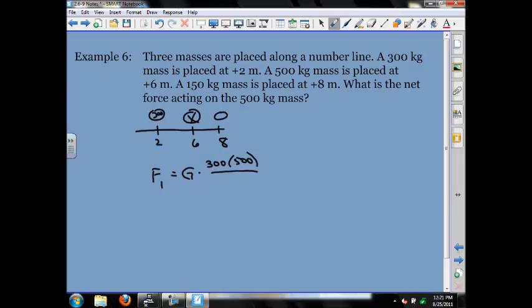And what's R? 4. R is 4, but be careful. In this one, our units for distance are meters. If those were centimeters, it would be 0.0. We need to make sure they get changed to meters. Let's go ahead and find forces 1 and 2.